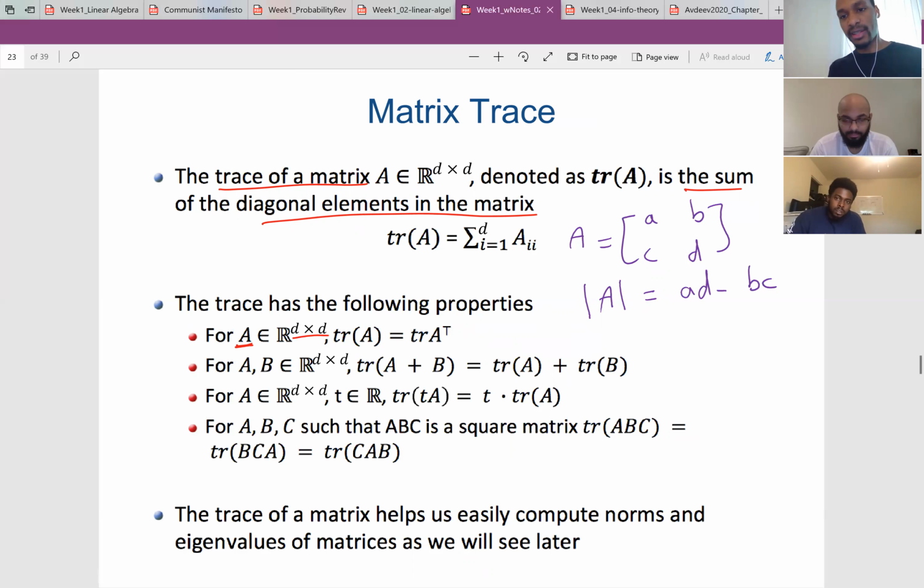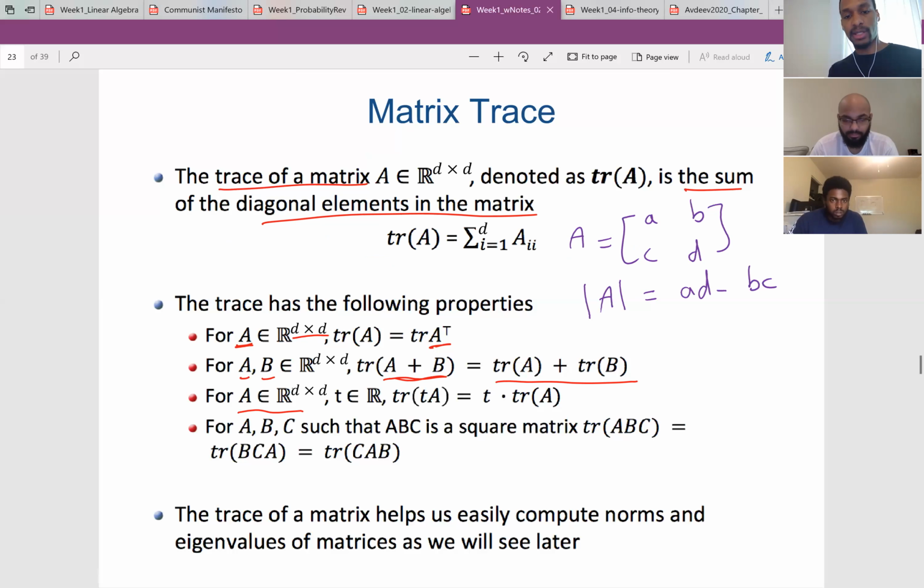You can think of that by knowing that if you have any square matrix, the diagonal elements aren't going to change if you take the transpose. And for A and B, the trace of the sum of the matrices is equal to the trace of A plus the trace of B.